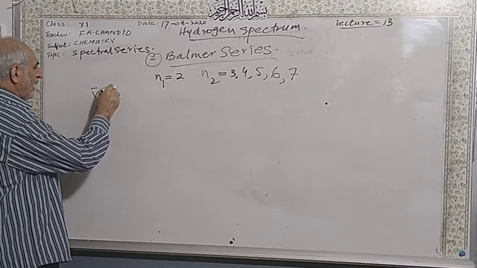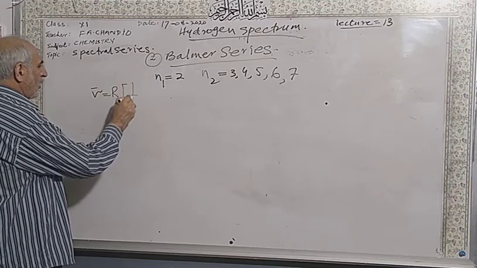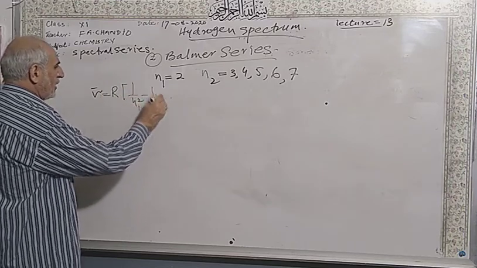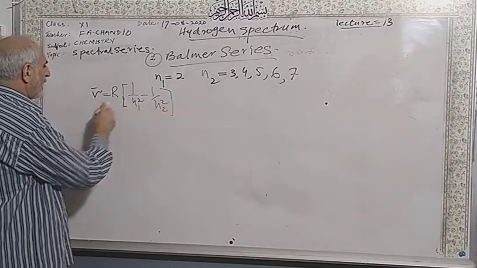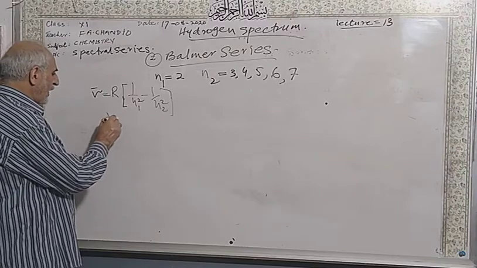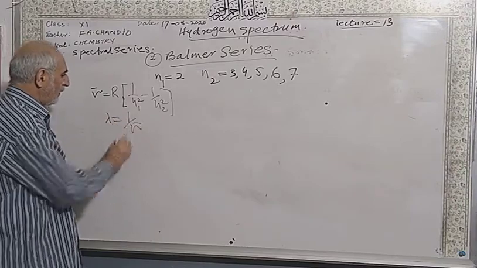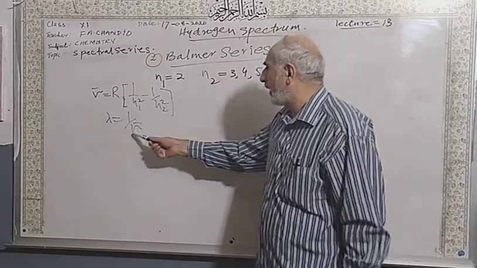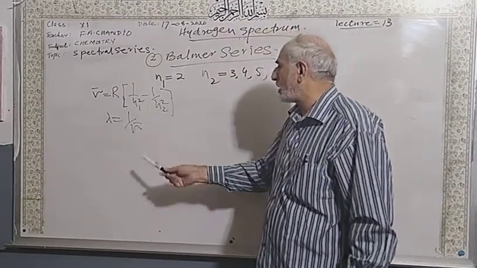Wave number is equal to the Rydberg constant times 1 over n1 squared minus 1 over n2 squared, where R is the Rydberg constant. You can calculate the wavelength. Wavelength is equal to 1 over wave number. So after calculation of wave number, you can calculate the wavelength also by using this formula.